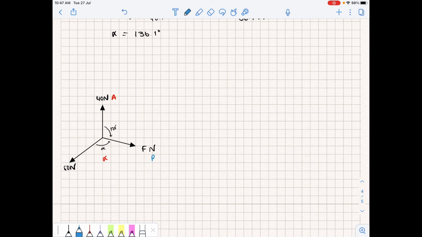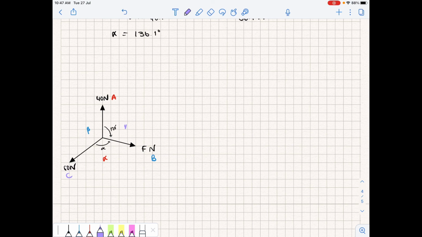This could be side B, and angle beta, and then side C, and angle gamma. Just to label them so that if you are trying to compare them to Lami's theorem, the sine rule, you know which angles and which sides go together.